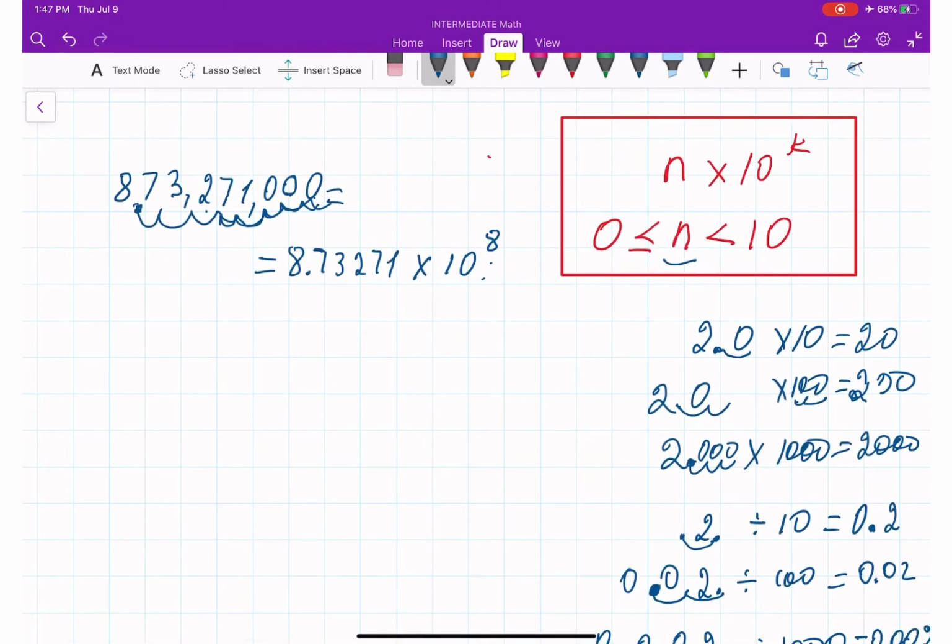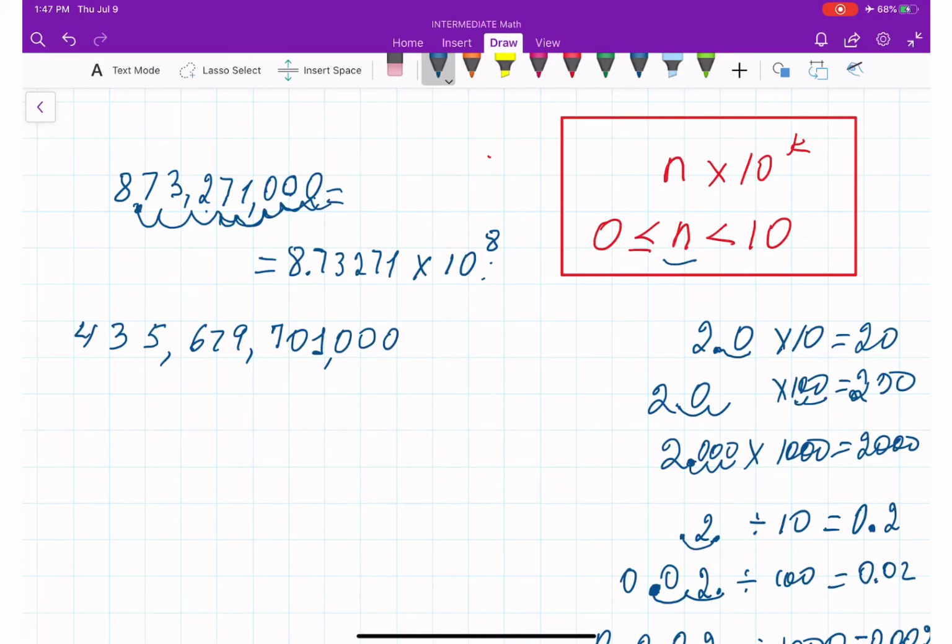So let's do one more. 4, 3, 5, 6, 7, 9, and 7, 0, 1, 0, 0. Actually, let me add one more 0, otherwise I have to change these commas.